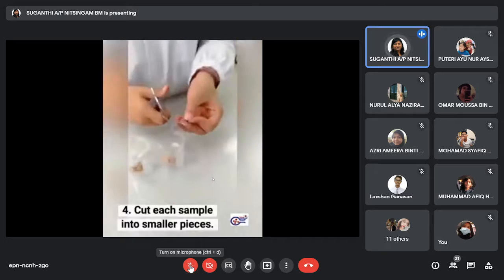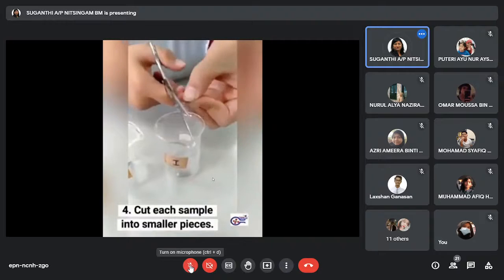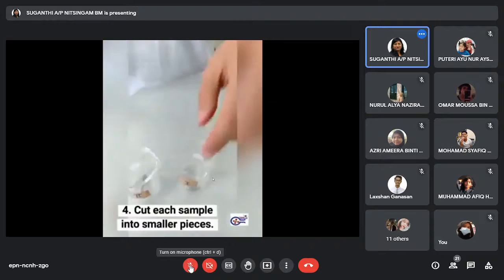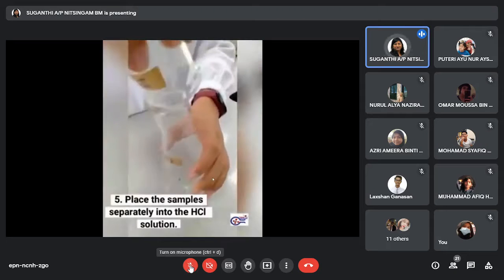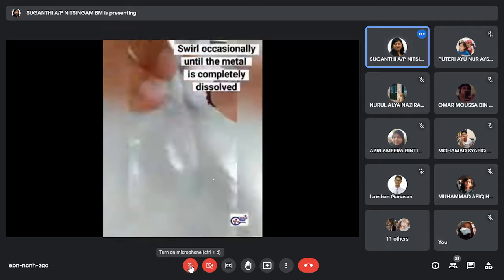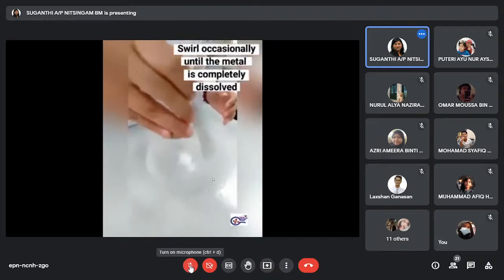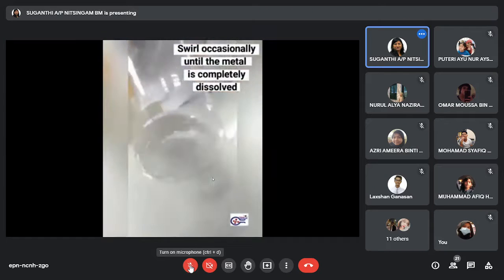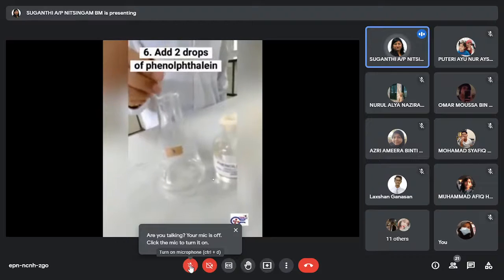Okay, see now use the scissors, cut into small pieces. Okay, just like that. And then put in HCl. So, you see when you swirl, it will all react. At that time you will see bubbles.